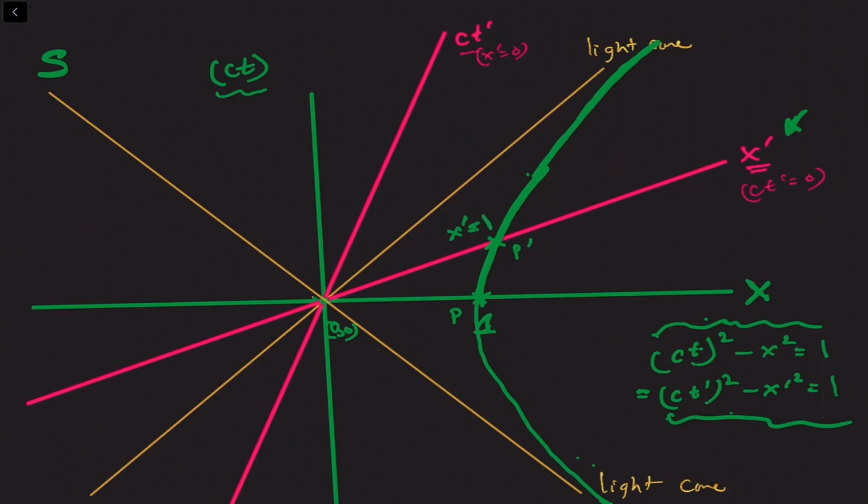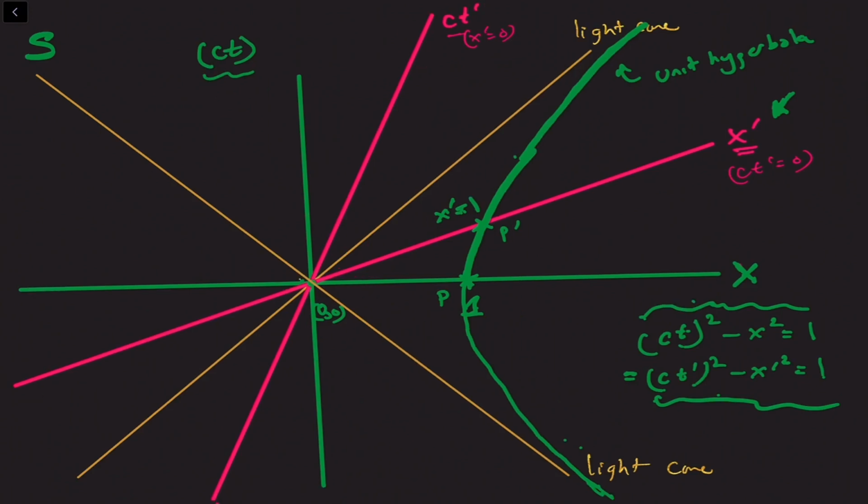So this hyperbola that we used to construct this is called a unit hyperbola, because all observers agree that ct square minus x square is 1 in whatever t and x coordinates they are measuring. All right, so now we've located the x is equal to 1 point and the x prime is 1, t prime is 0 point, and this is the x is 1, t is 0 point.